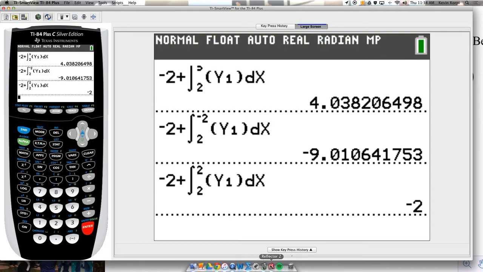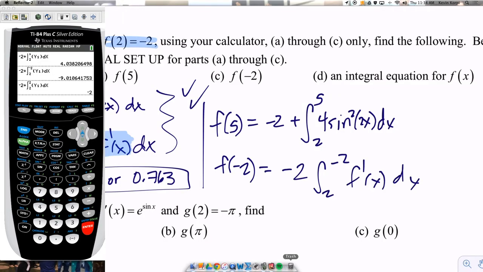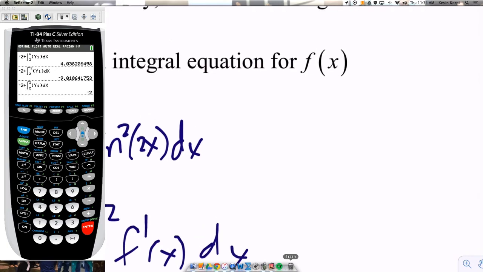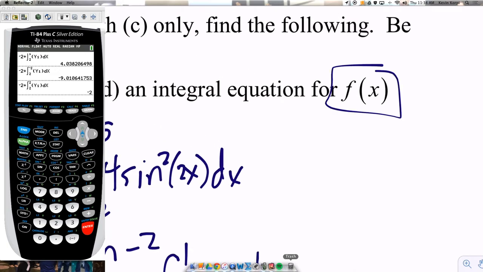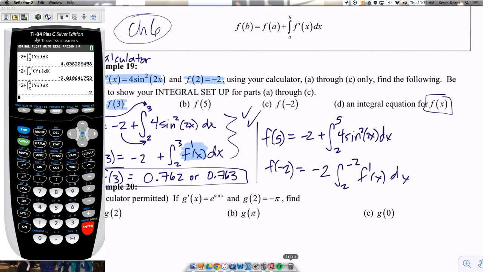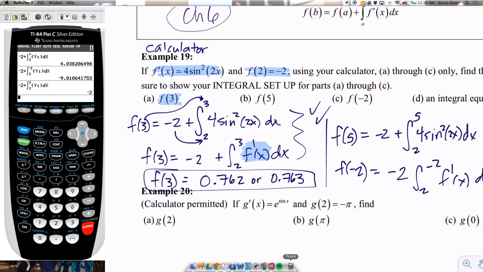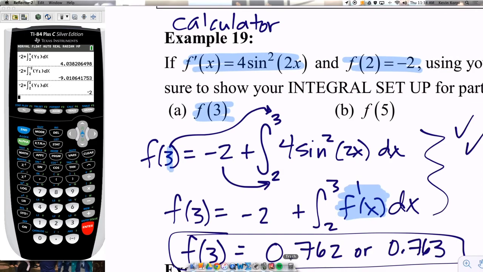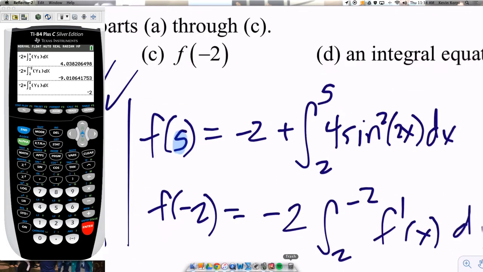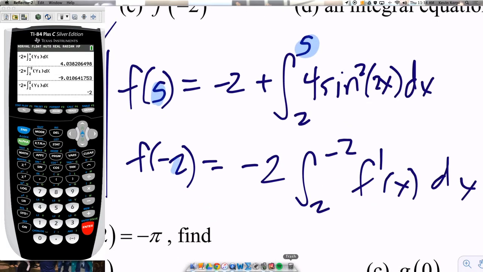Here's what you have to do sometimes as well. Not just evaluate it at a specific value. You might actually have to come up with an integral equation for f of x. So if you notice, the only thing that was different was that our upper bound changed. This was f of 3, and we changed our upper bound to 3. This one was f of 5, we changed our upper bound to 5. This one was f of -2, we changed our upper bound to -2.